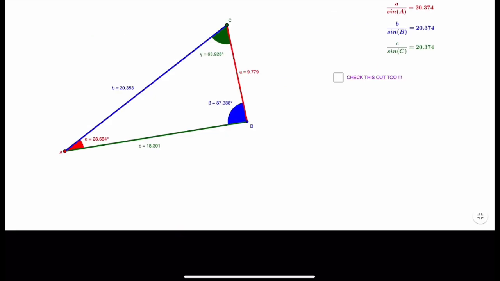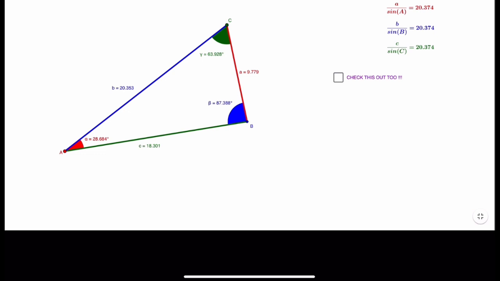So let us talk about the Sine Law using this illustration. The objective of this demonstration is just to show you how accurate this is.